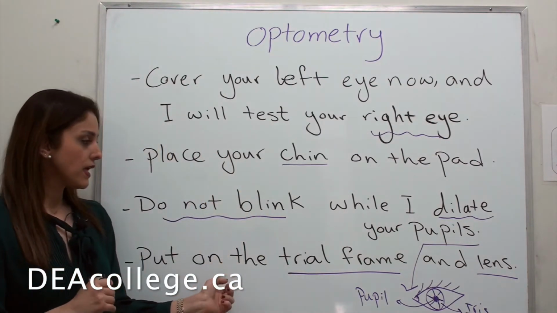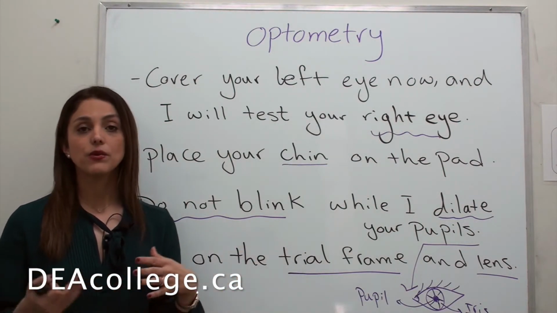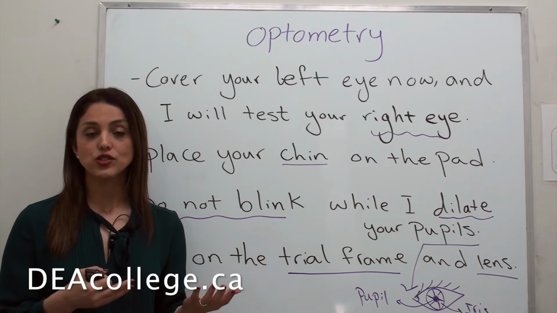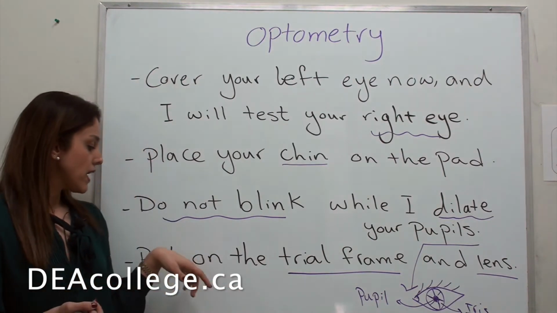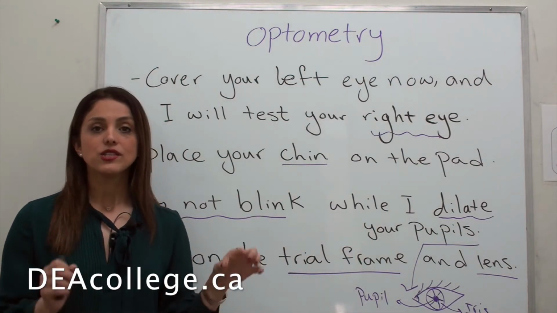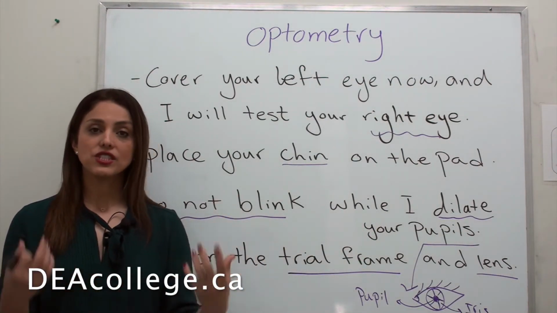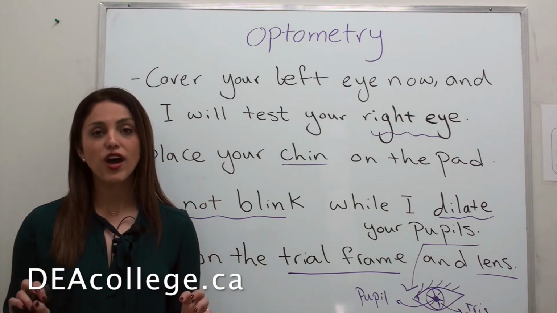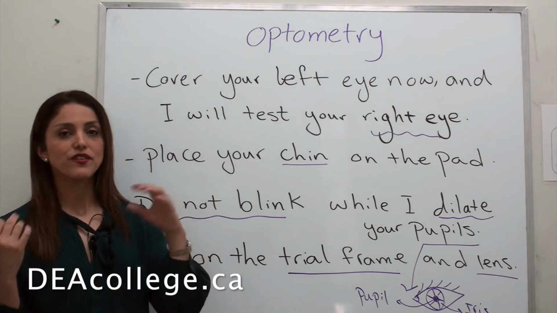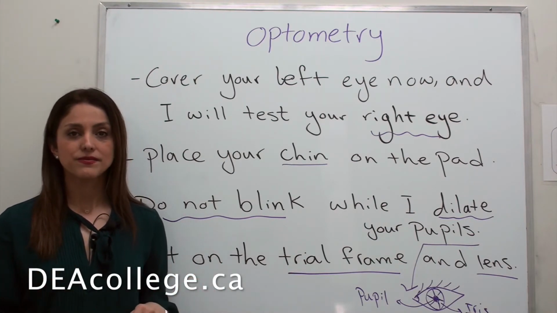After checking, they will find out which lens is better for your eye. So they say, put on the trial frame and lenses. They have some sort of trial frame with lenses. They will give it to you, then you can try it and see if you like it, if it fits your face, and after that you can order.